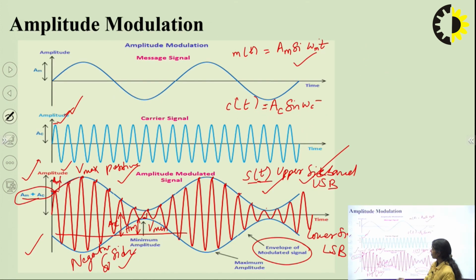This is the graph we have. This is the Vmax, which you can also represent as Amax, and we have Vmin, which we can also represent as Amin: the minimum amplitude and maximum amplitude obtained after the amplitude modulation.